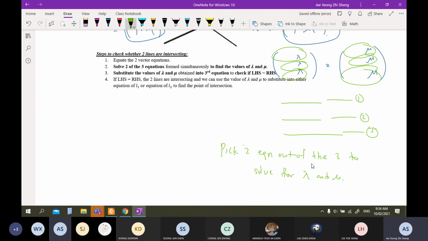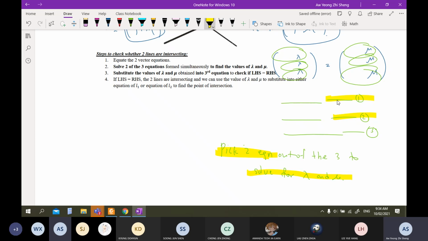Okay. Now, one very important thing is once you pick the two equations, let's say I pick 1 and 2, then in my process of solving for lambda and mu, I should never touch equation 3. I repeat, once you pick your two equations, you never touch the third equation. Once you touch the third equation, everything will be wrong. The whole procedure will go wrong.